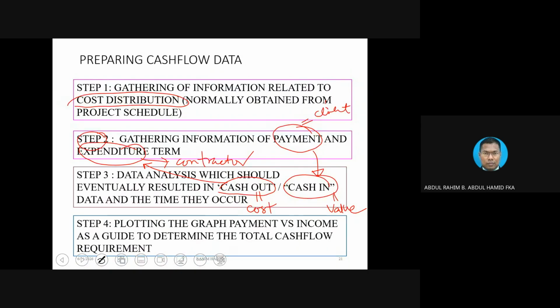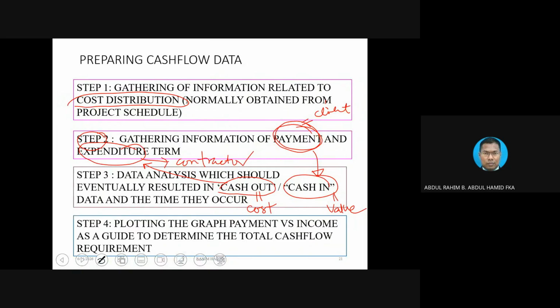But the issue with regard to the payment, supposedly it's supposed to be the value, but the payment that the contractor will receive is not going to be clear cut the same amount, because the client is going to hold some payment. Due to what? Due to a few reasons. We are going to take a look at the next slide.